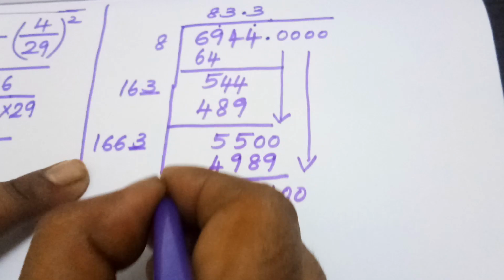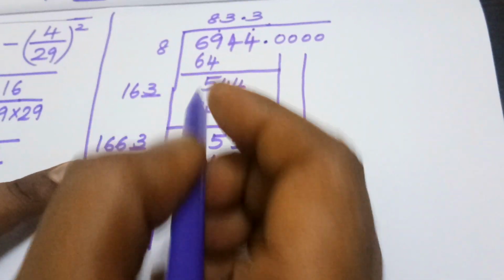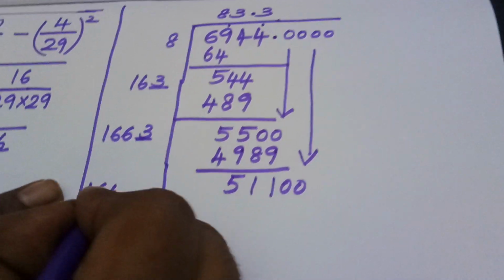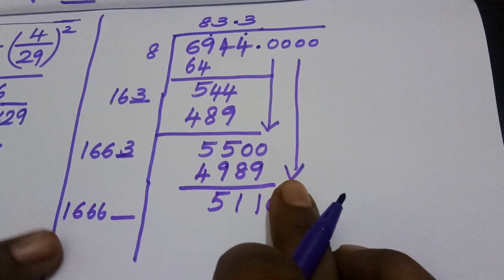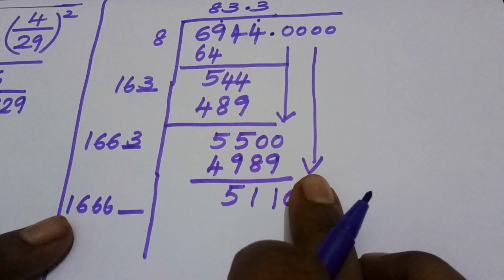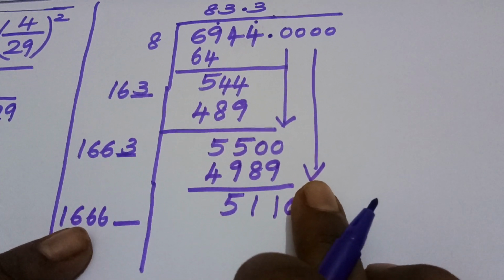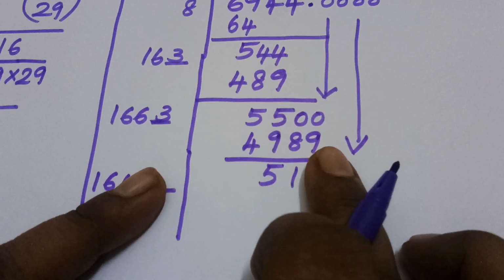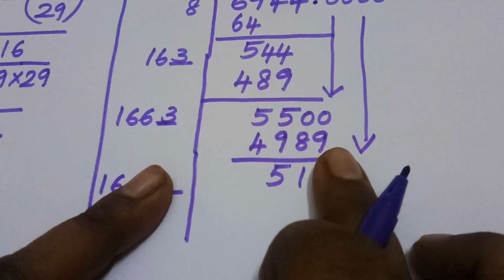So it goes on like this, and we multiply this by 2. So we will get 1666. So here also if I hide one digit, that is how many 1666 are there in 5000, or how many 166 are there in 511, or how many 16s are there in 51.